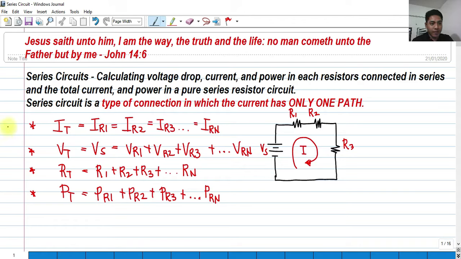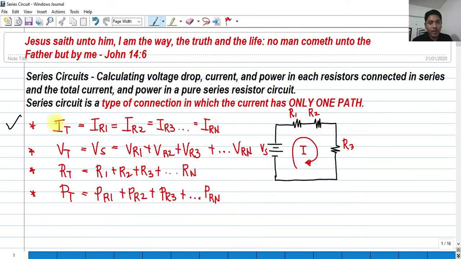So for the current, if we have a series circuit, the current through R1, the current through R2 and the current through R3 are all equal since they are connected in series. So they have the same current, and that is equivalent to the total current of the circuit.